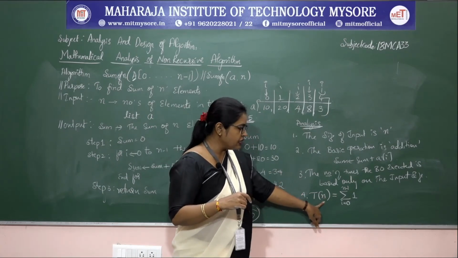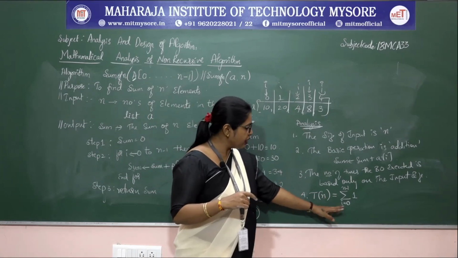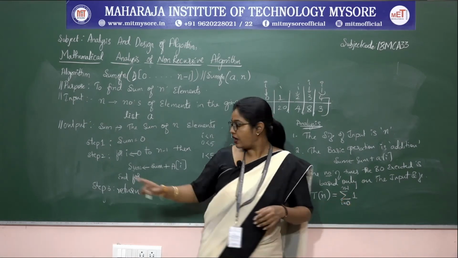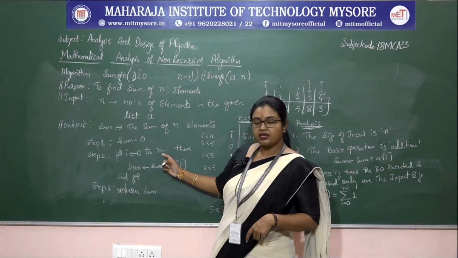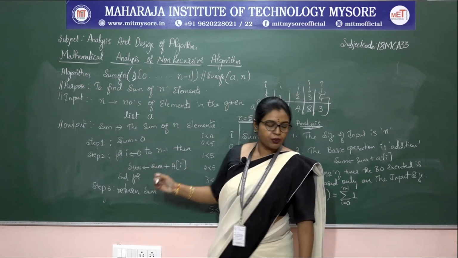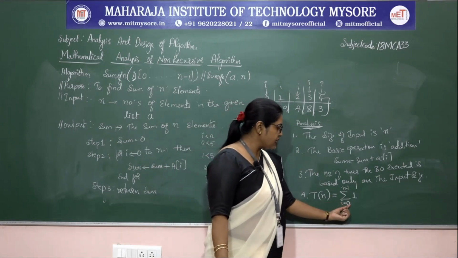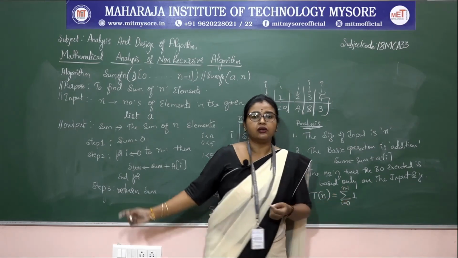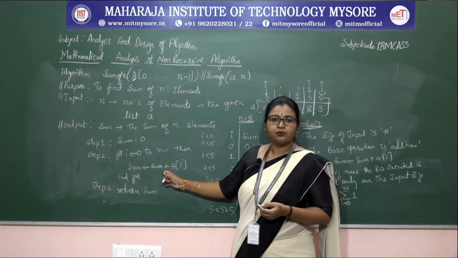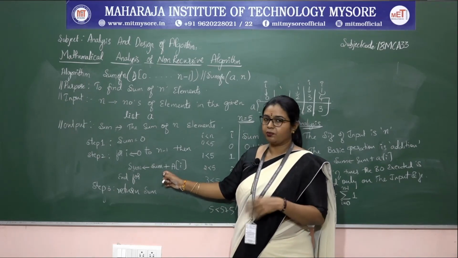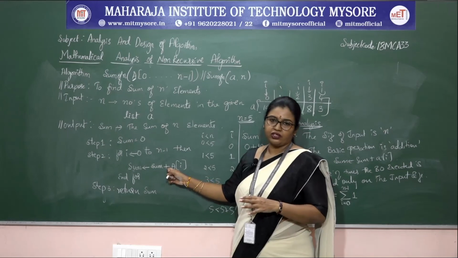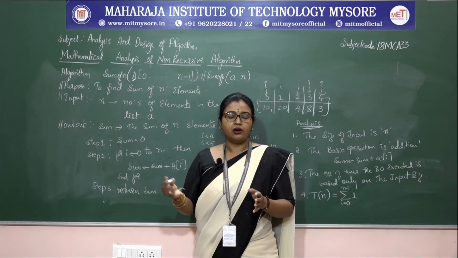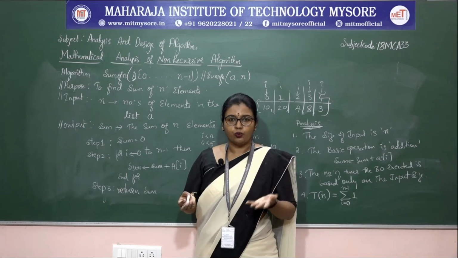T of n is calculated by setting up the summation equation. Since we have started with 0 to n minus 1, we are performing this operation. So here i starts with 0 to n minus 1 and 1 stands for how much time it has been taken to execute that particular equation. Of course here we are not calculating based on the machine, how exactly it is going to work.